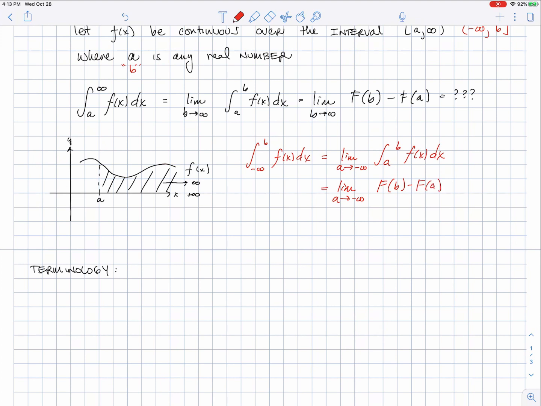So the integration's not supposed to be the problem. The problem is supposed to be evaluating your antiderivative at the endpoints. And that's where the limiting process comes in. So in either case, this is what we're going to be doing.